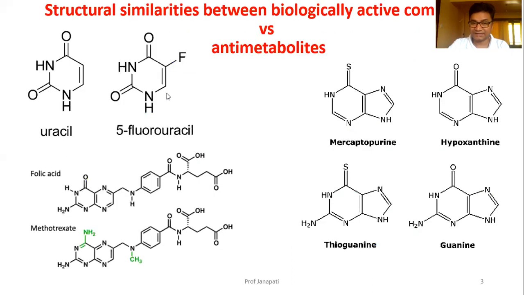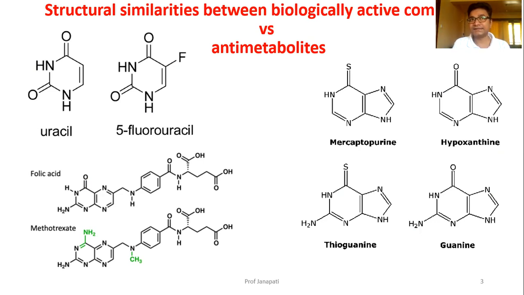Now, we have seen this slide. Because of structural similarity, the cancerous cells, and also we told it is a competitive mechanism. When you are giving a competitive mechanism, we give the drug in more concentration than the natural one.